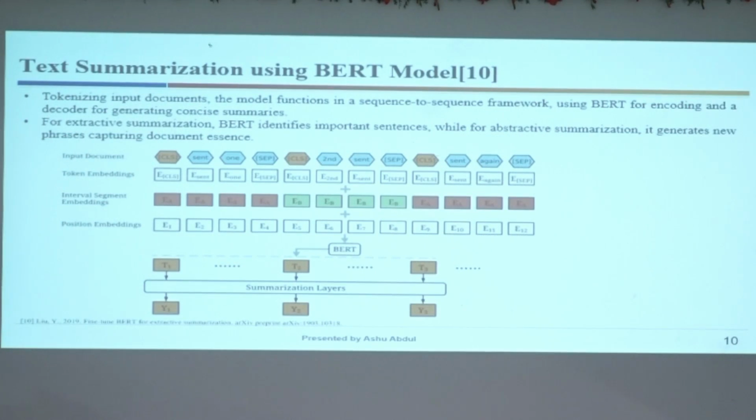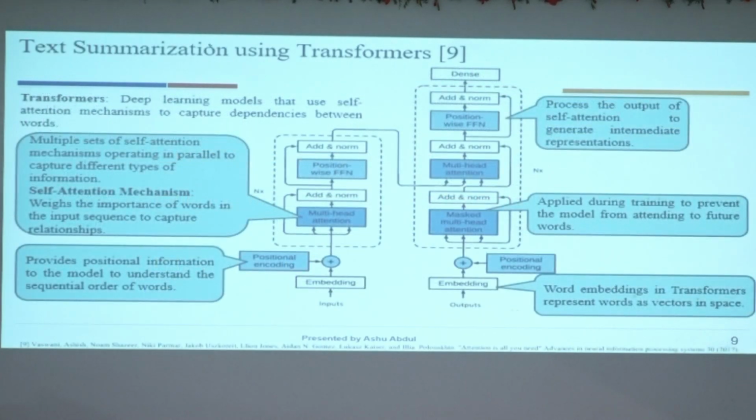Now there is another variation of transformers. This is nothing but Bidirectional Encoder Representations from Transformers, which we call in short BERT. In BERT, we separate the encoder part of the transformer, which you can see in the previous slide: the input embeddings, till the position-wise feed forward network and add and normalization.